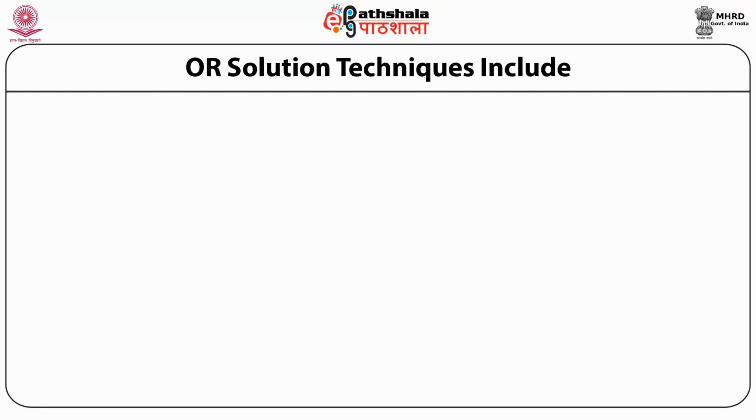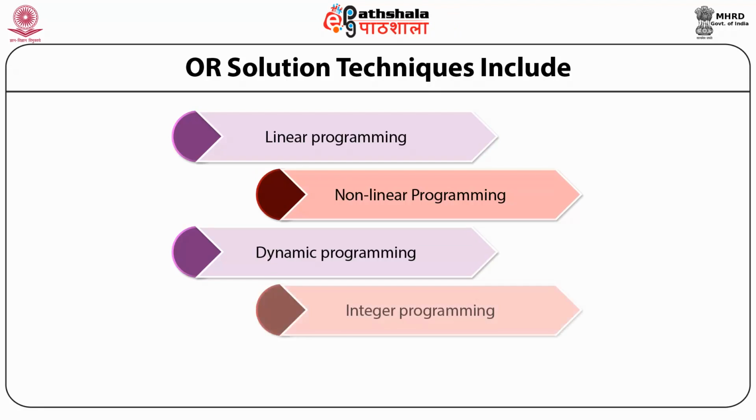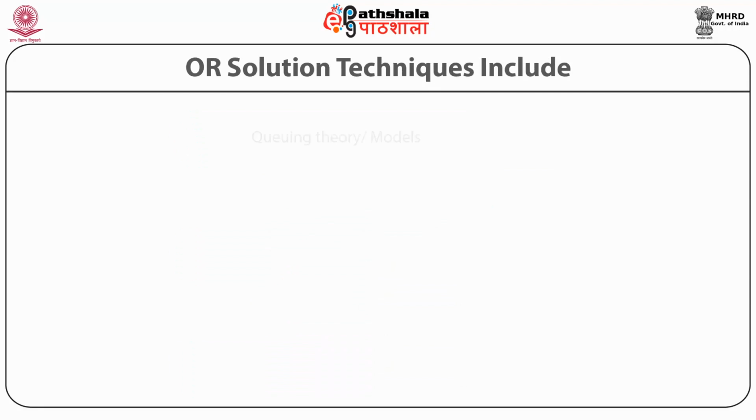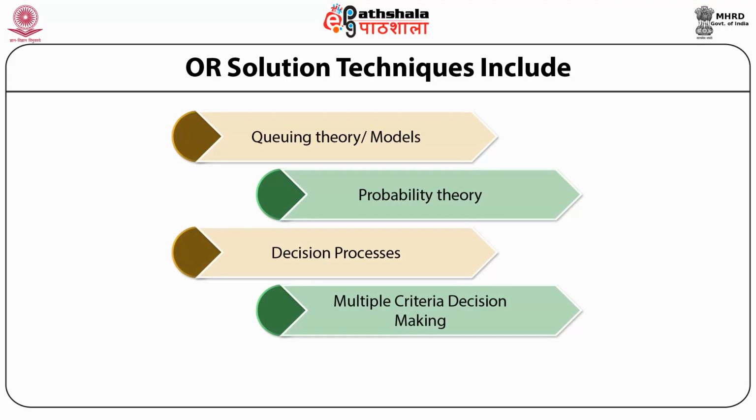OR solution techniques include linear programming, non-linear programming, dynamic programming, integer programming, network analysis, queuing theory or queuing models, probability theory, decision processes, multiple criteria decision making, and general simulation.